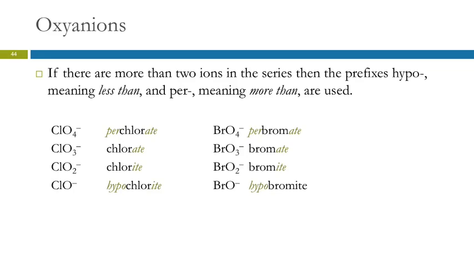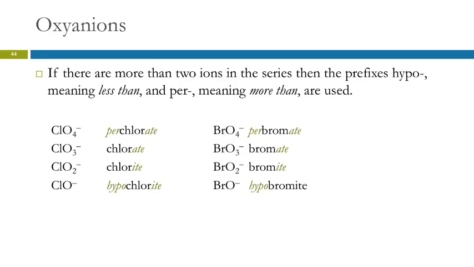Chlorine and bromine are in the same family in the periodic table. They're both halogens. I think of them as sisters. They behave in similar ways. They have similar properties. So bromine and chlorine form the same types of ions. All that's different between bromate and chlorate is this one has bromine, that one has chlorine. Number of oxygens and the charge is the same.